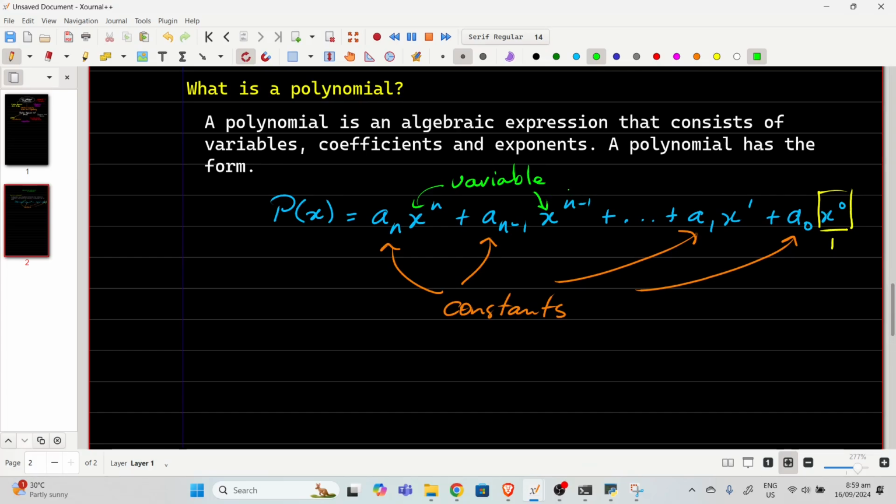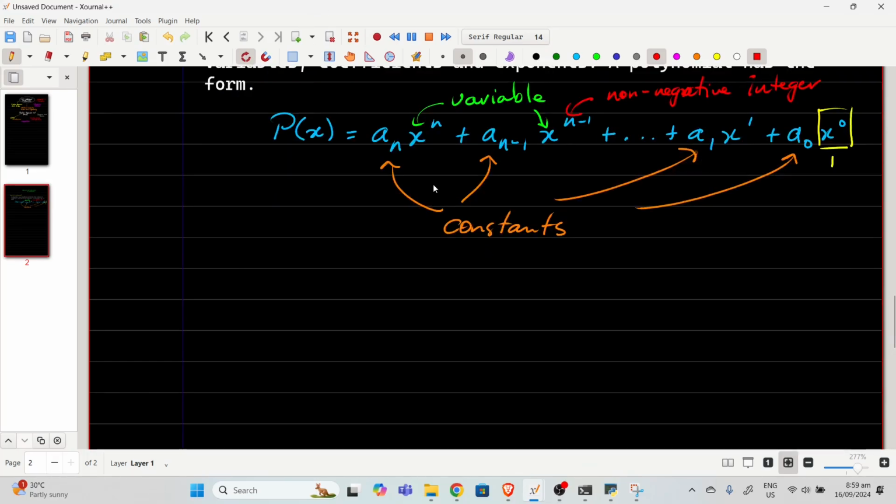That's this x as well. And the n is a non-negative integer. So let me just put it in red. So n here is a non-negative integer.